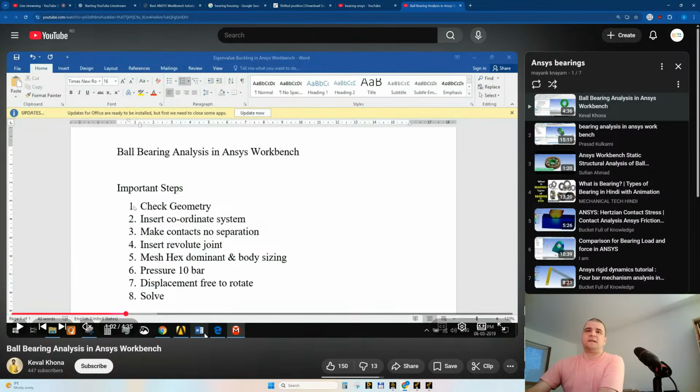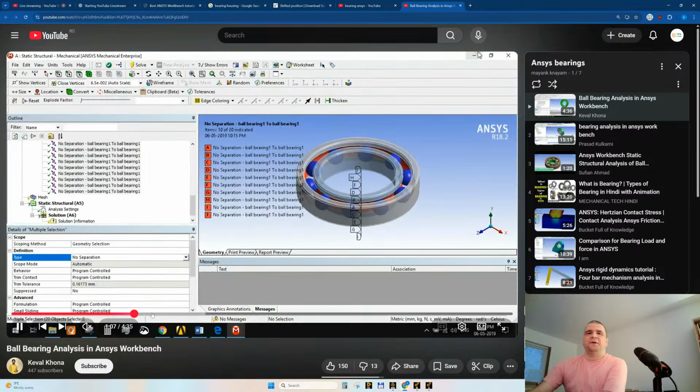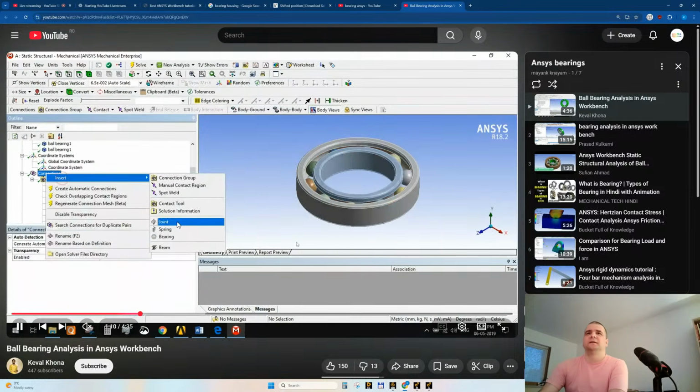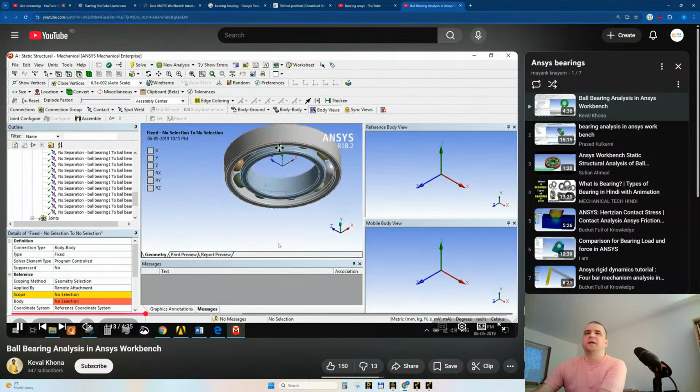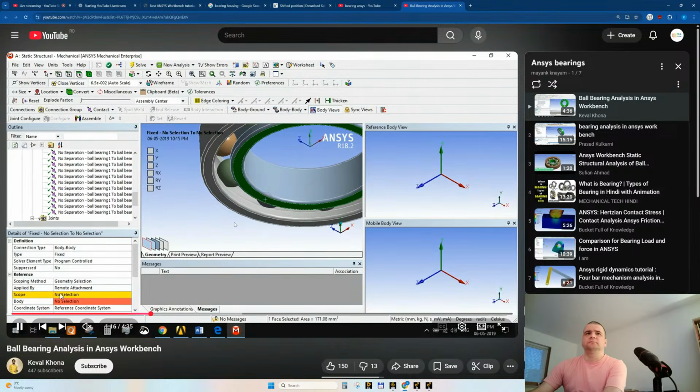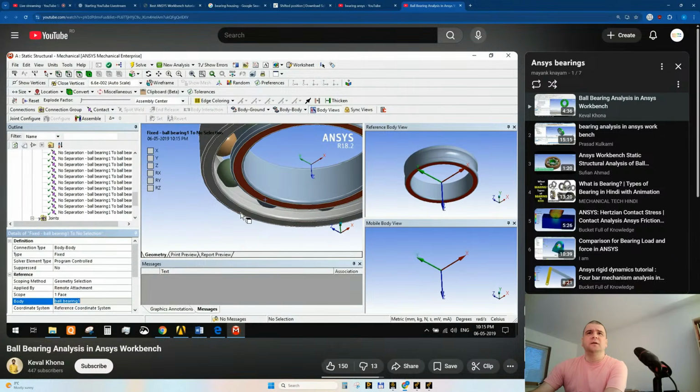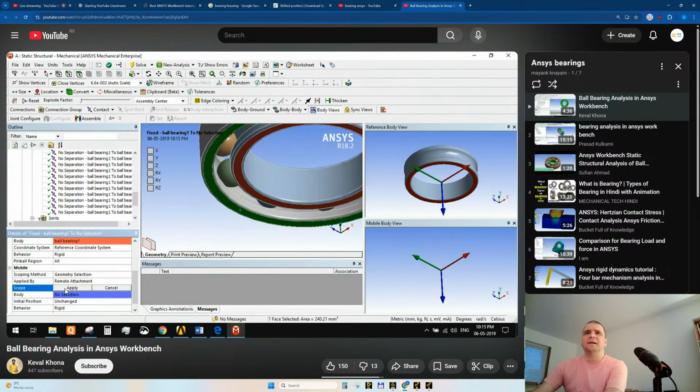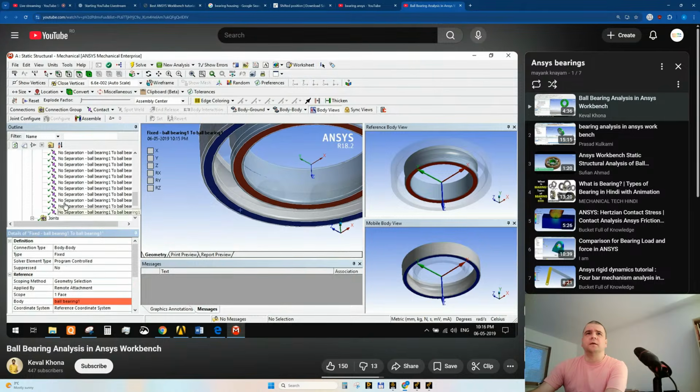So exactly in the first second, if you have no separation, why do you insert a level or joint? Pressure 10 bar. Pressure on what? All right. Let's see. Joint. He creates a fixed.